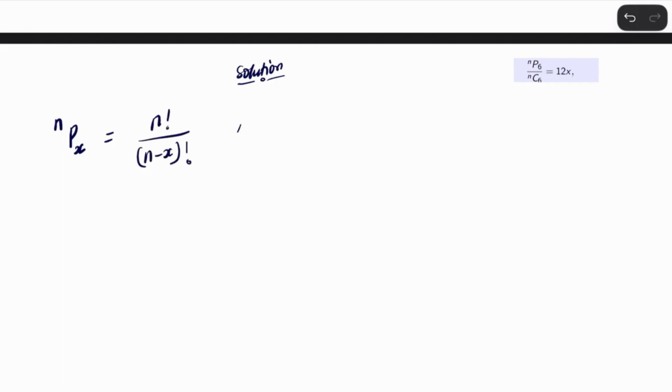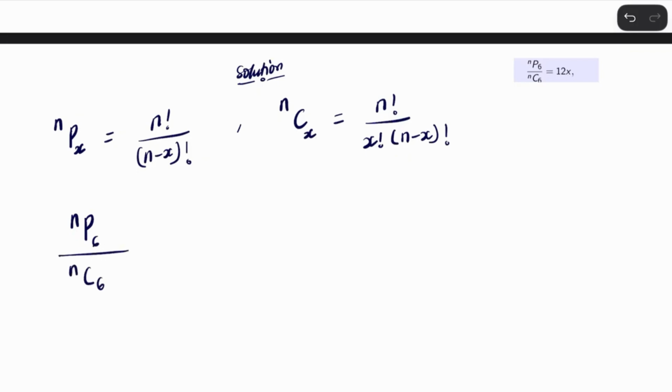Likewise, nCx gives us n factorial divided by x factorial, then n minus x all factorial. So we are going to use these identities to solve the given question. From the question, we have nP6 divided by nC6 is equal to 12x.